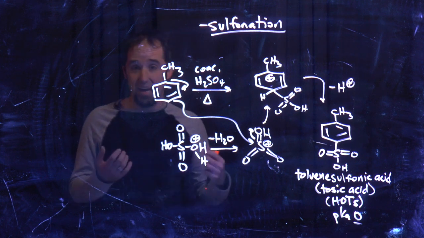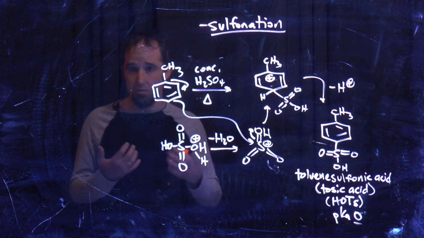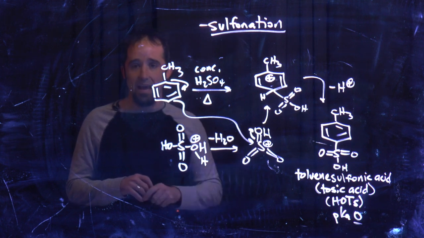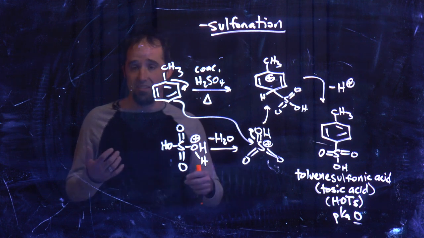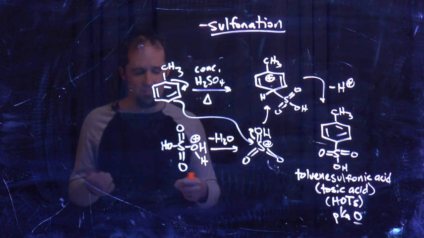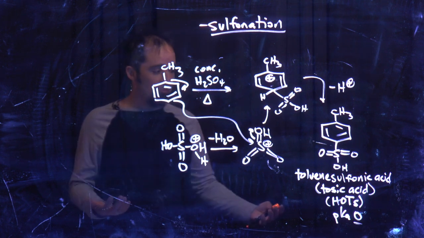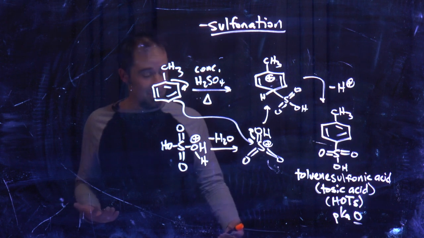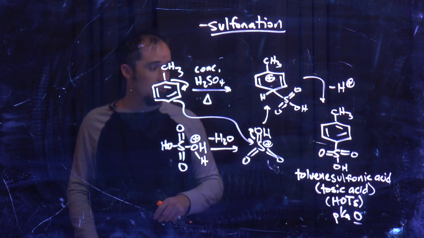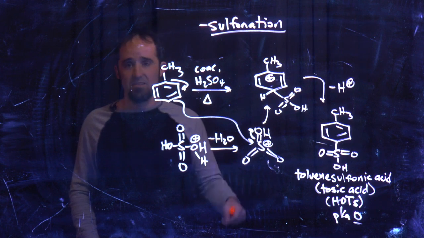I can keep it dry. There's no water involved if I don't want there to be. And so this is a nice, convenient organic acid that's used very often as an acid catalyst in a lot of reactions, particularly like esterifications and such. So sulfonic acids, very acidic, gives me a lot of water solubility there, obviously. And the mechanism for putting it on is very similar to nitration.